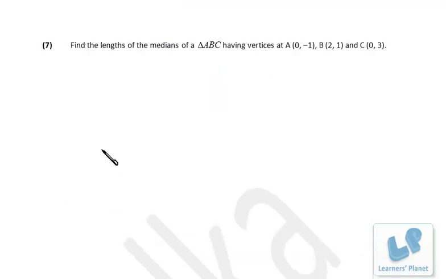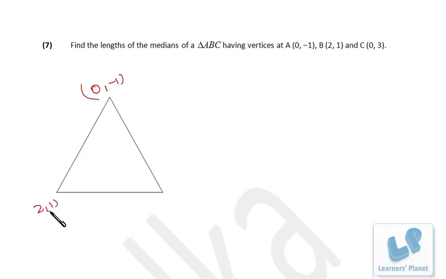Now this question: find the lengths of the medians of a triangle ABC having these vertices. Now I draw a triangle. Now the vertices of this triangle are 0, minus 1, 2, 1 and 0, 3, right? We have to find out the length of the median. Now to find the length of the median, first of all we need to find the midpoint of every line, right?